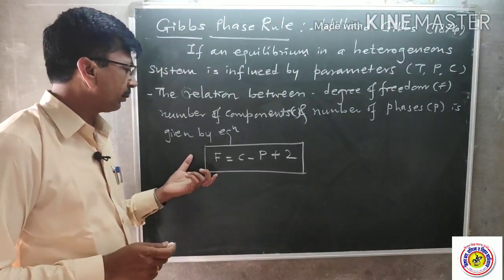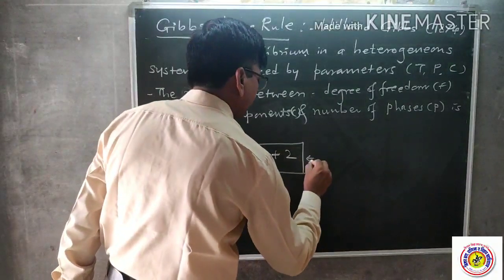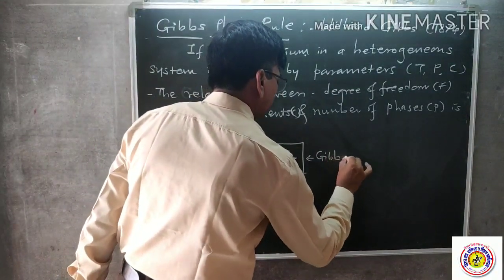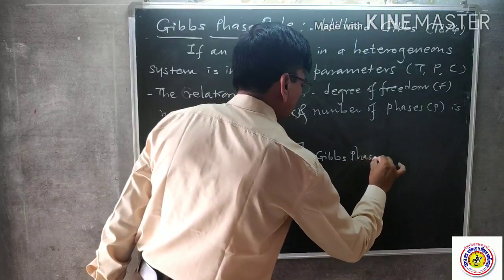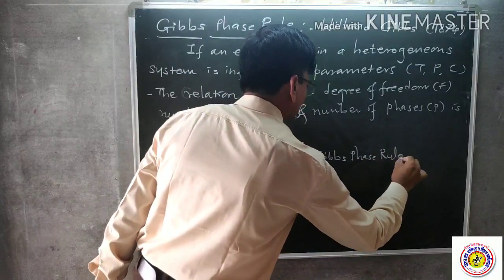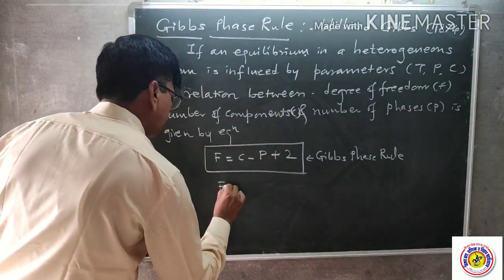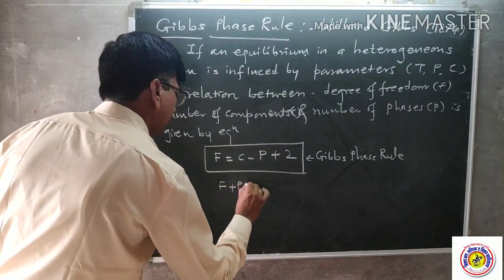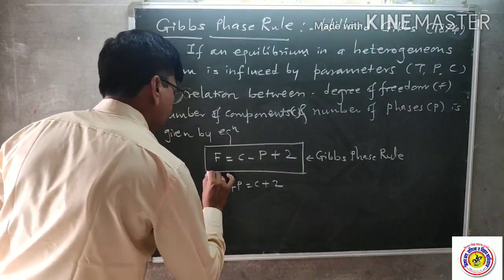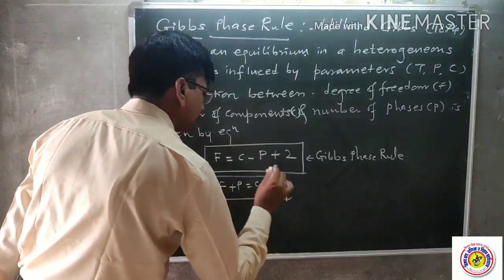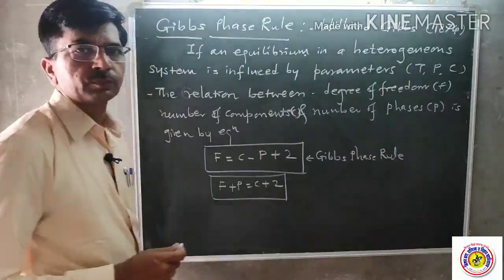So, this mathematical equation itself is the Gibbs phase rule. This may also be written simply as F + P = C + 2. This is another way to write the equation. It doesn't make a difference.